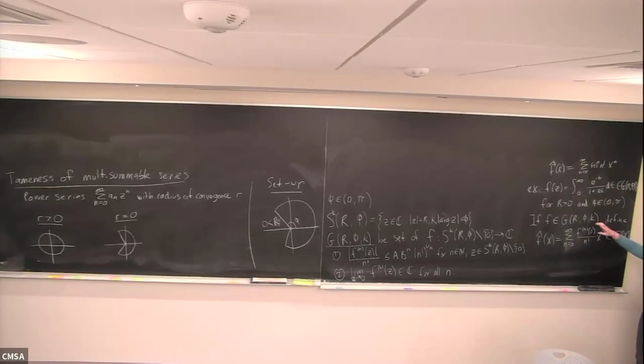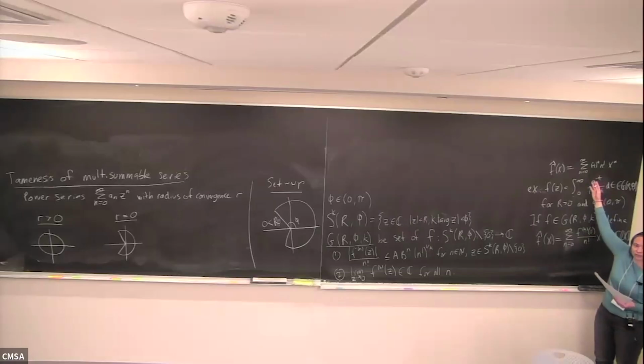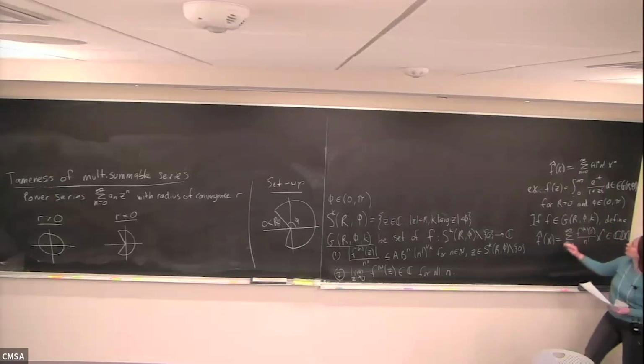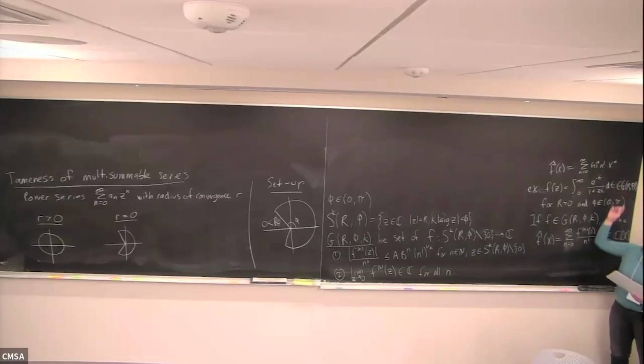So this setup that I've given you, I'm starting from a function and then saying that you can get this series because of these conditions that are satisfied. But if you start from the series, for example this series, you can take its Borel sum in the positive real direction, and that will give you a function that's defined in a half plane, right?